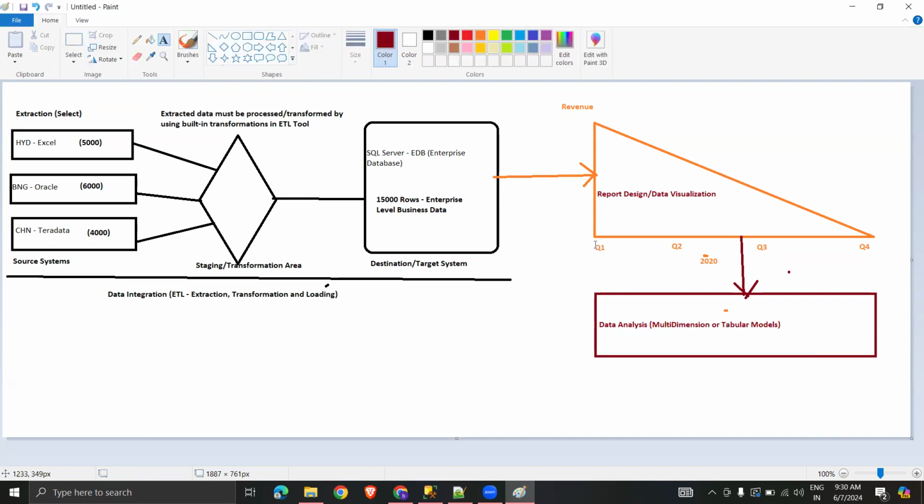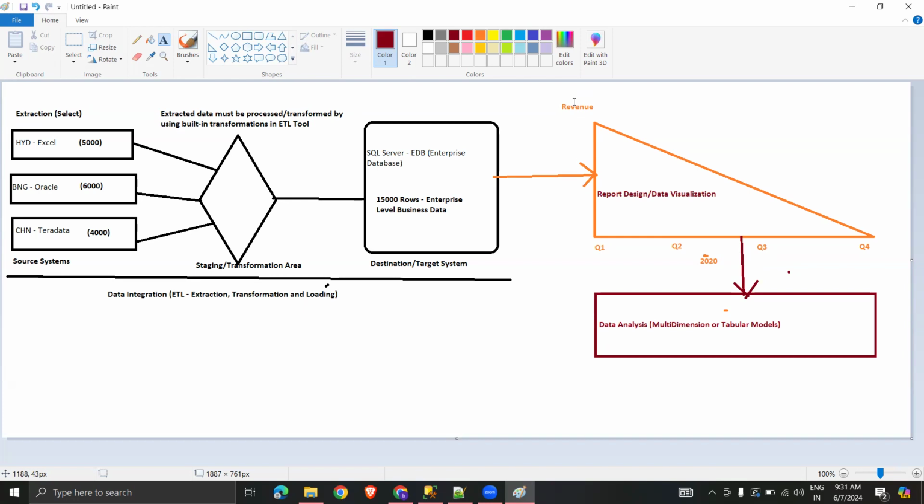Right, sir? What is your analysis? As soon as I get the report, I start my data analysis. In 2020 quarter one, the profits were very high because there was no impact of COVID. Lockdown started in 2020, March 27th, I guess, which is almost the end of quarter one.